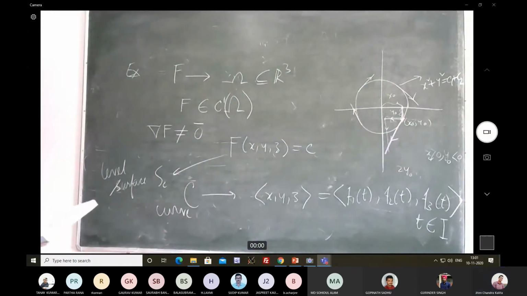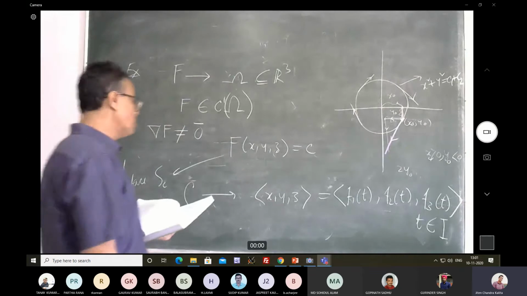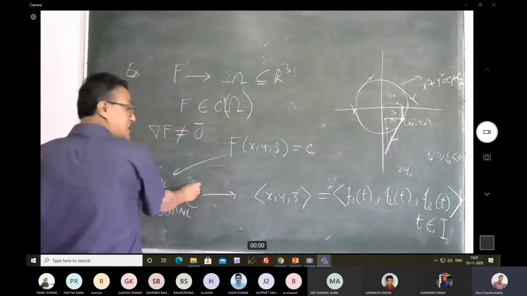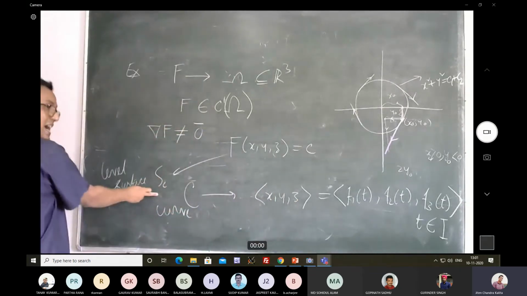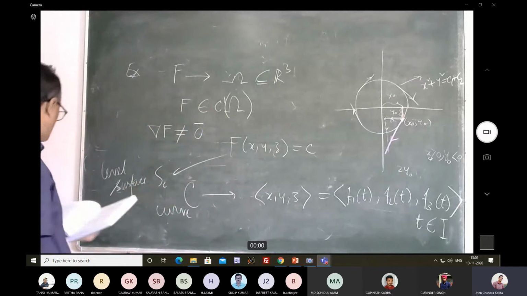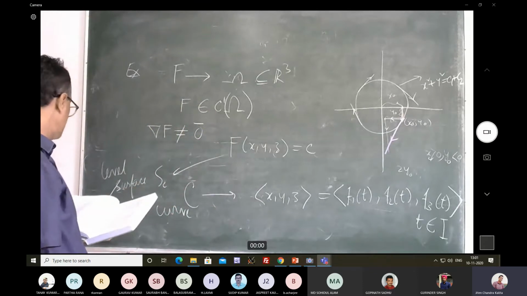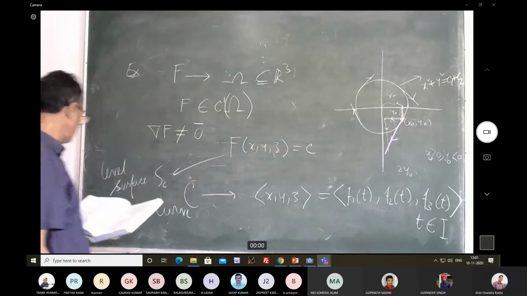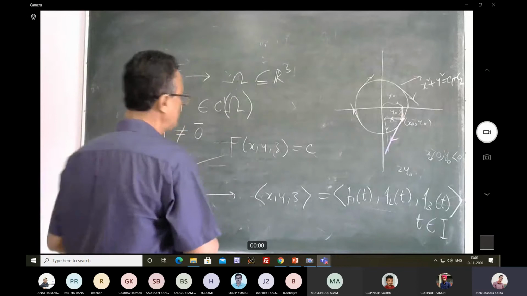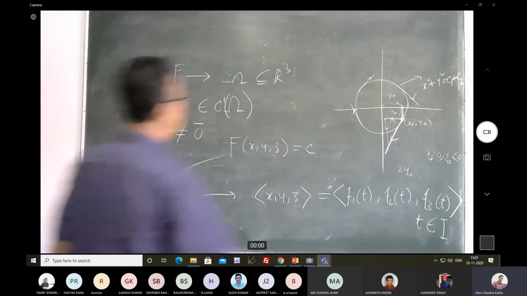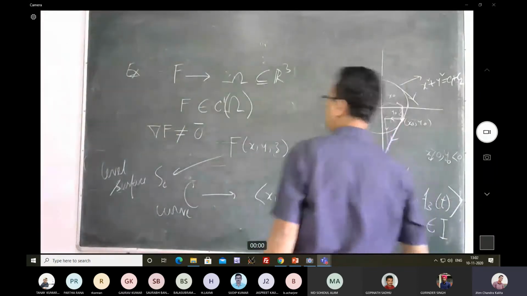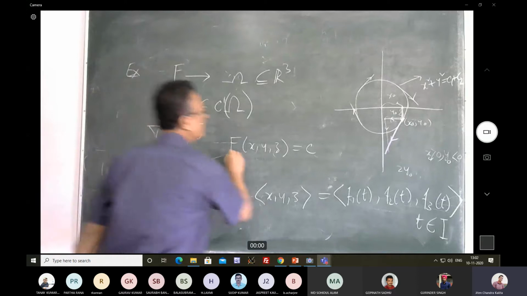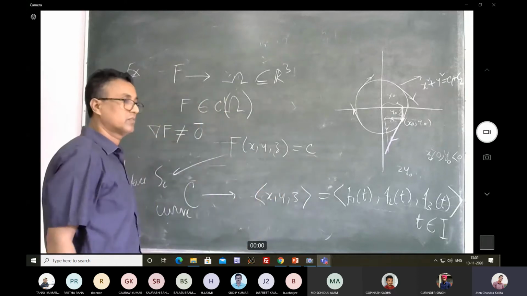So now, suppose that this curve C lies on the surface SC. Then obviously what is going to happen? This point is going to satisfy this equation.